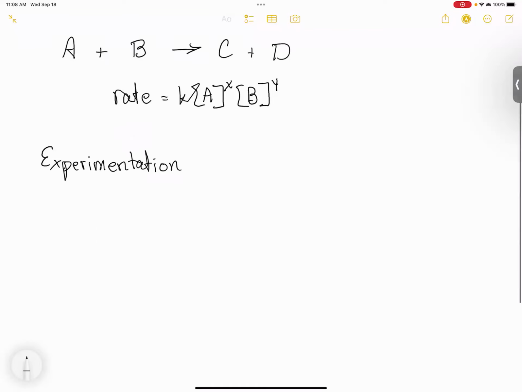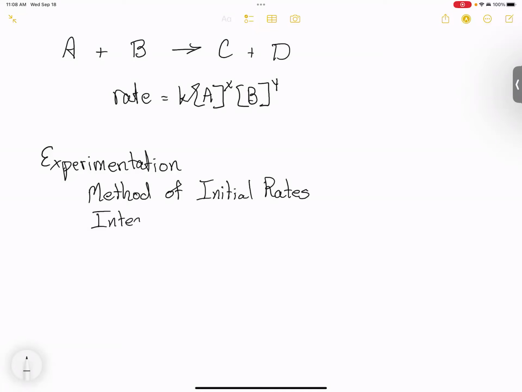We have two types of experiments that we perform. One is the method of initial rates. And the second is the integrated rate law. These two methods will allow us to determine the order for our reactants.